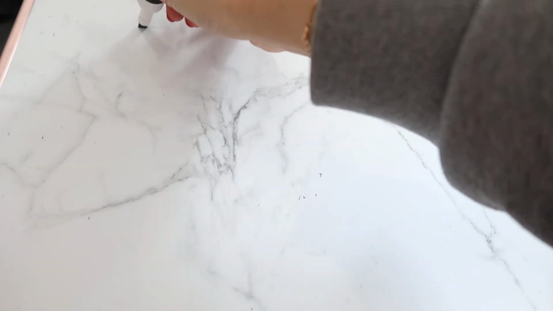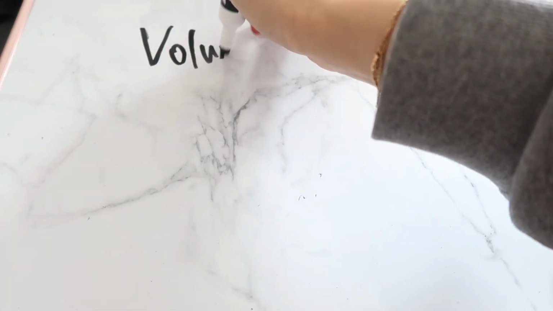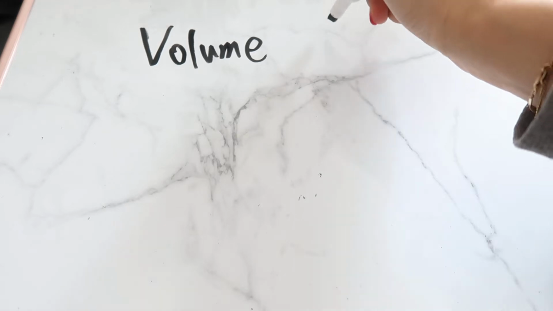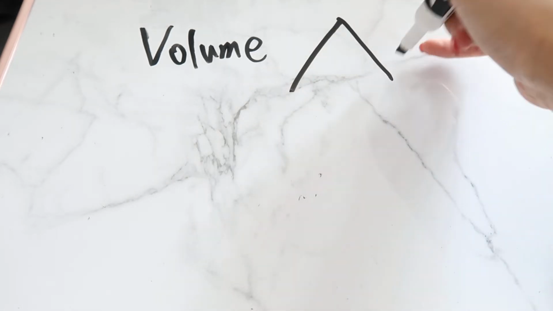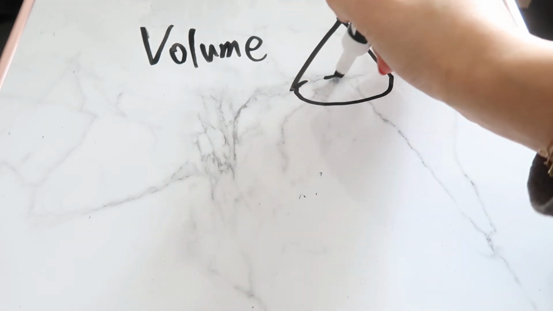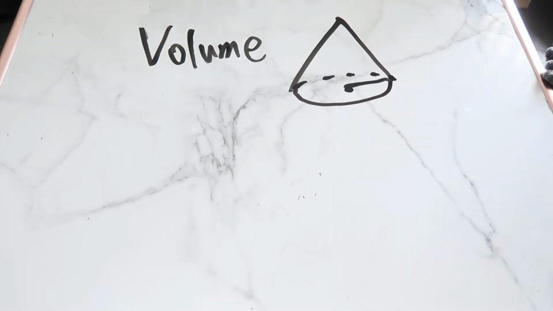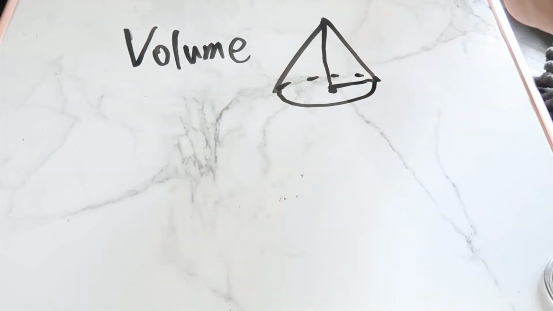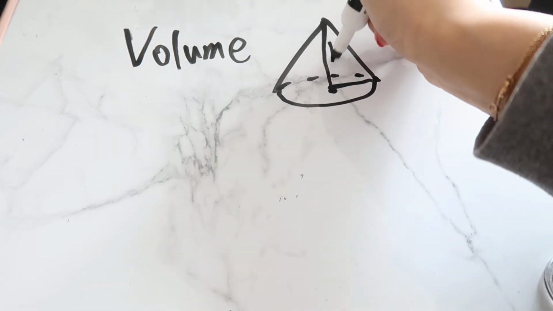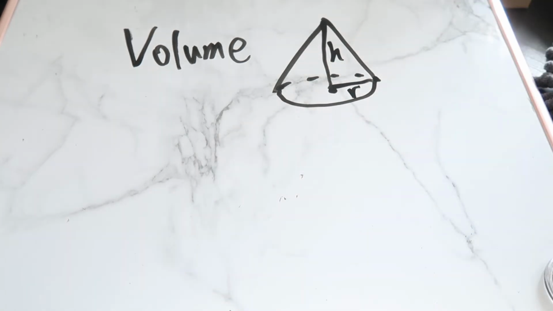Alright, so here goes the volume. Again, I'll start by showing you the formula, the volume of a cone. So the middle part, that's the height, and that's the radius.